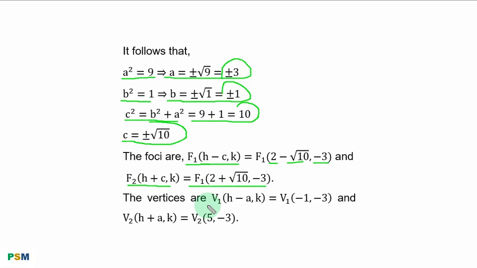The vertices are V1 with this information. H minus a. A is 3. H is 2. So 2 minus 3 is minus 1, k is minus 3, and V2 with this information is equal to 5, minus 3.